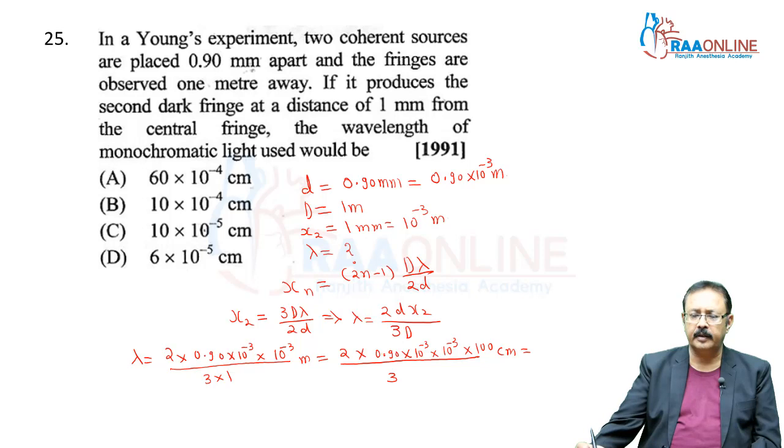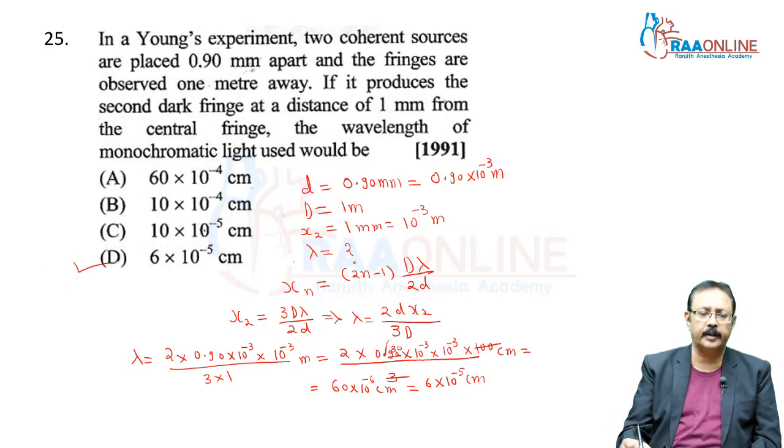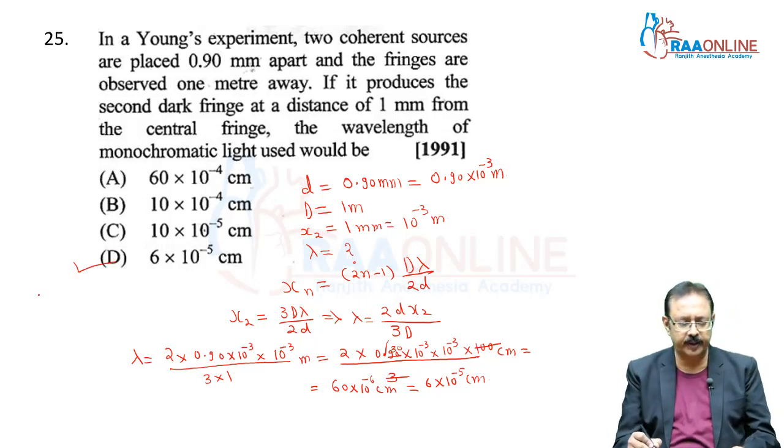Remove this decimal with this 100. You will get 90 by 3, which means 30. So 30 into 2, 60 into 10 to the power minus 6 cm, or you can write 6 into 10 to the power minus 5 cm. So we are going with option D.